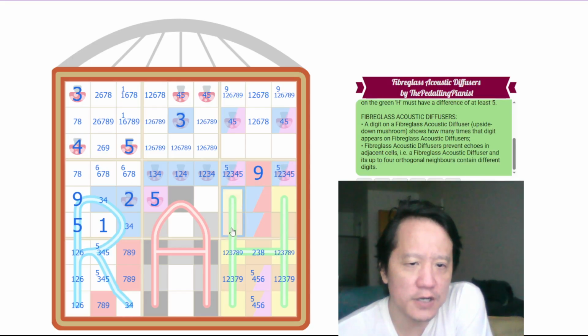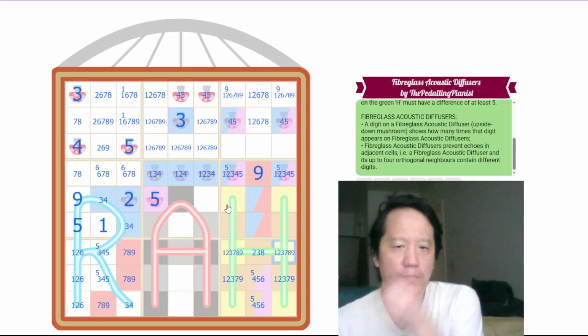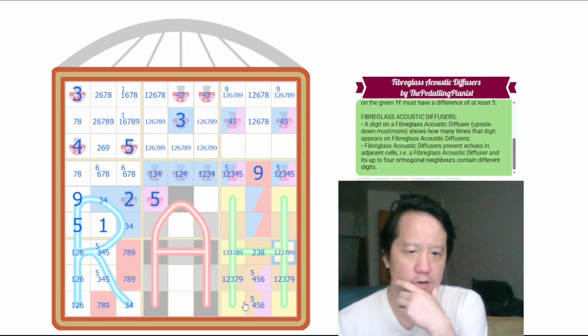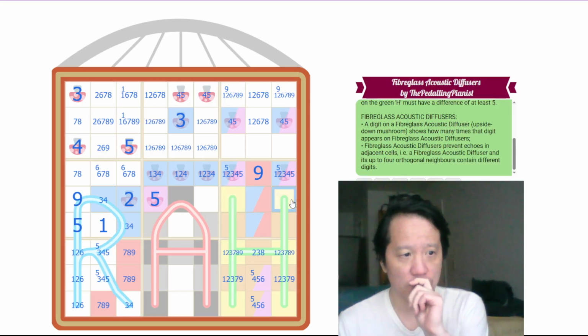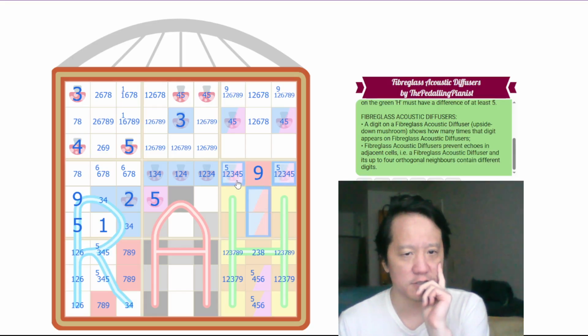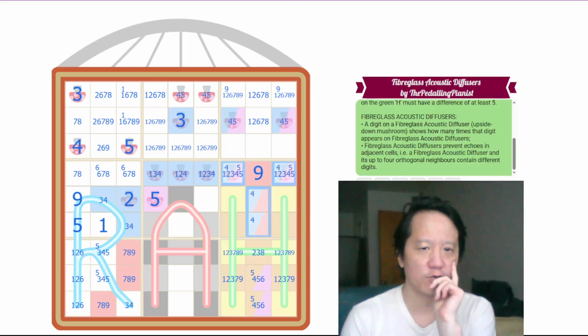So 4 can never be... if yellows are low, 4 would have to be one of these 2, which would mean this would be 5, that would be 4, so 4 could not be here. So 4 then would be in one of these 2 digits. So 4 in box 6 has to be one of these 4 cells.